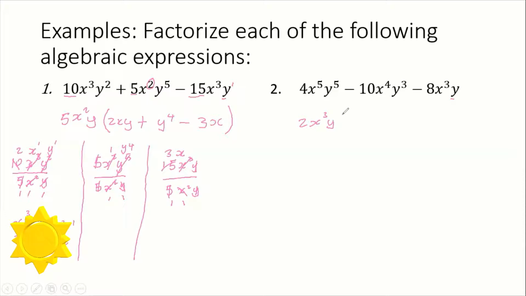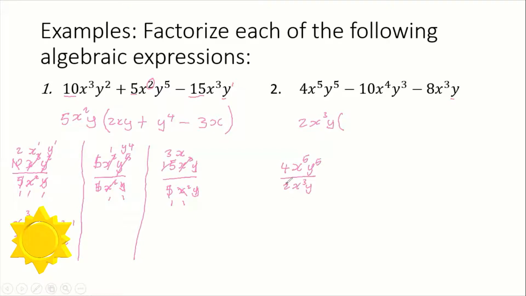How do we obtain the second factor? By using the HCF to divide each term. So it's going to be 4x to the 5th y to the 5th all over 2x to the 3rd and y.